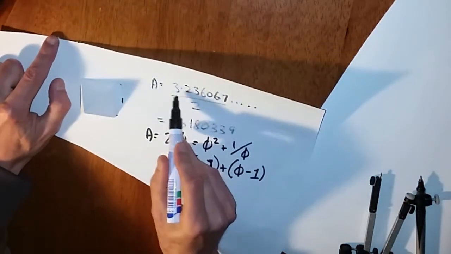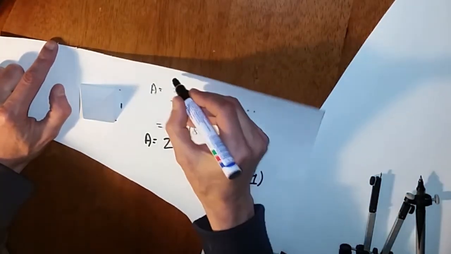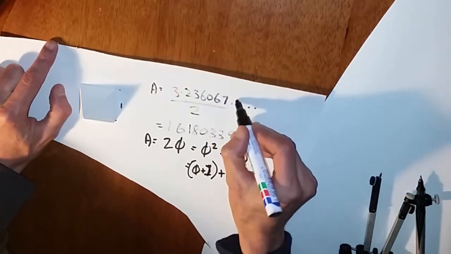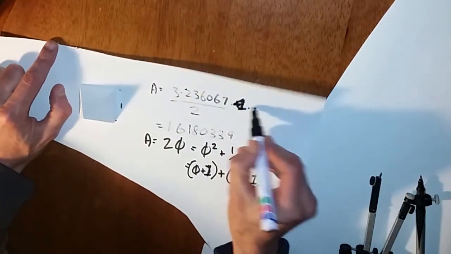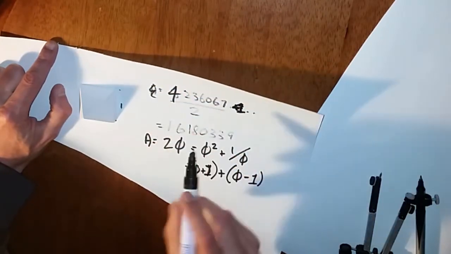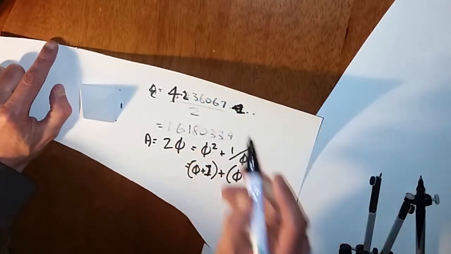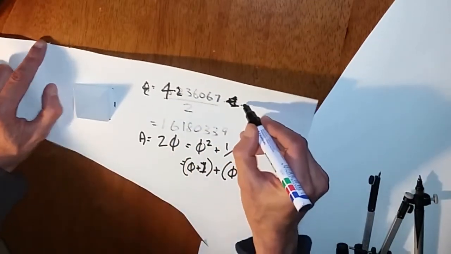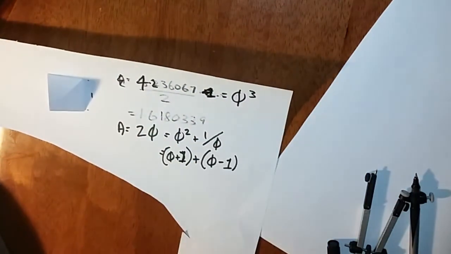Another cool thing about 2 phi, 3.236, is that if we add 1, which would make it 4.236, that equals phi cubed.